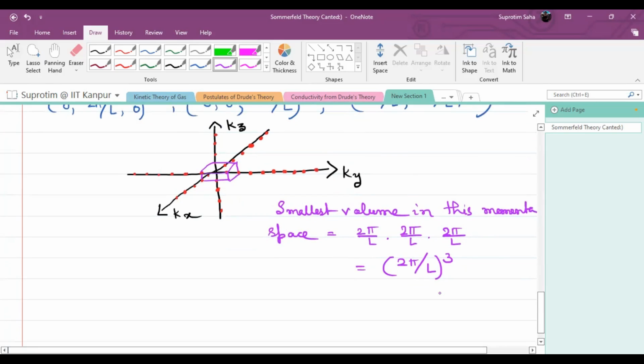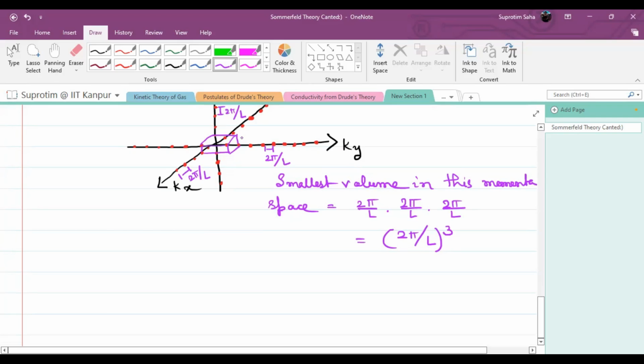All right. And let me just define it like this. What you have is, this is 2 pi over L. This is 2 pi over L. This is 2 pi over L, because we are working in a symmetric box.